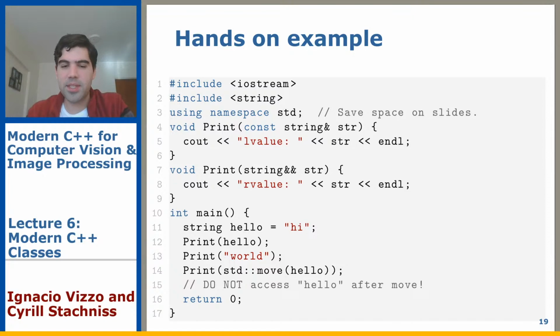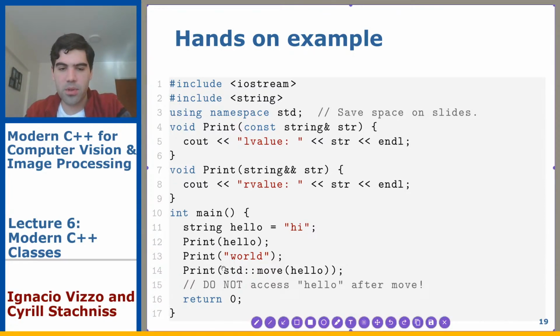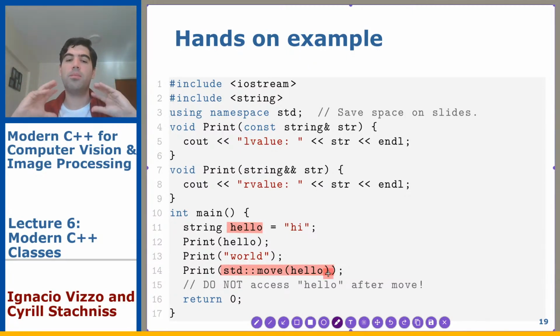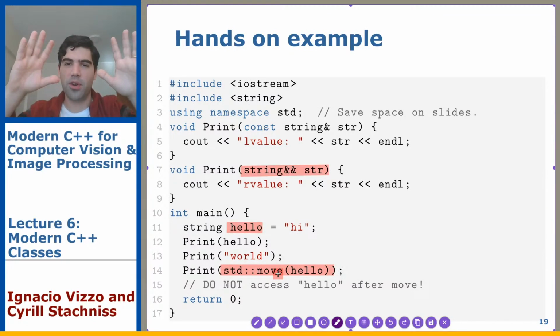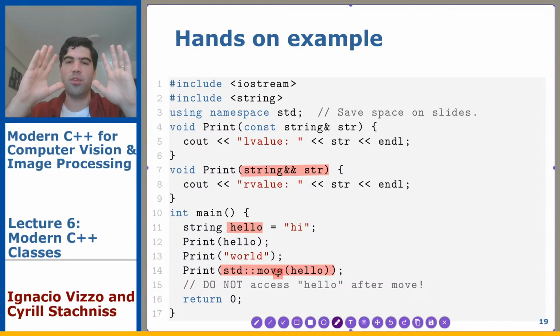The big advice here is do not access hello after you move, because hello is on the left side of the equal operator, so it's a left value, and when we call the move function, we are converting this into an R value. So this print function will take ownership of this string. It's like saying, okay, this is my child, I left it, it's already old enough, you just release ownership.